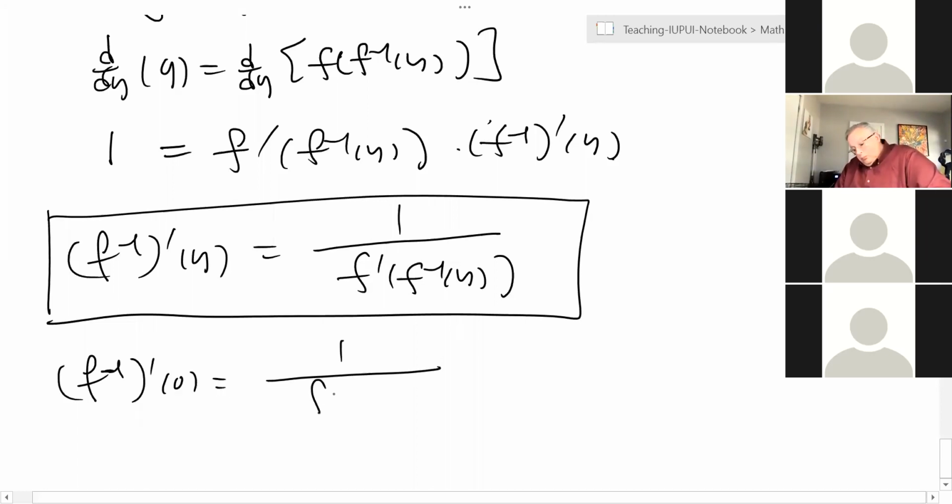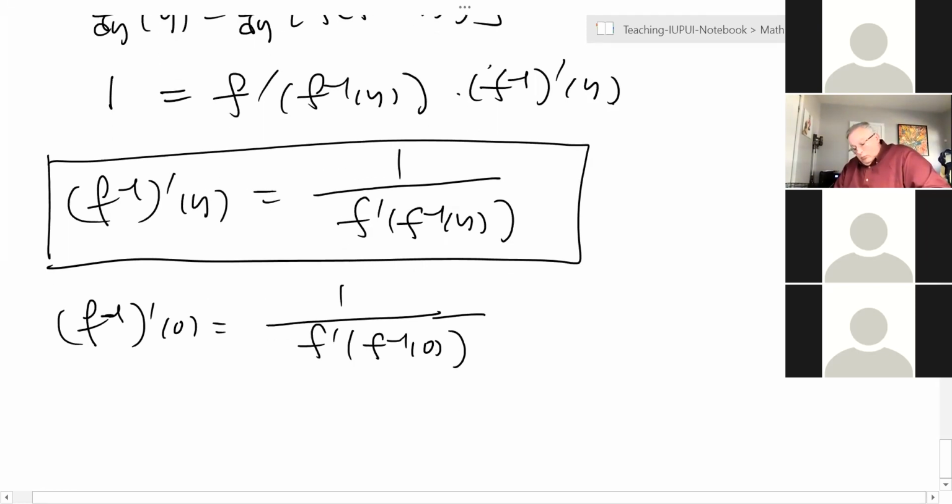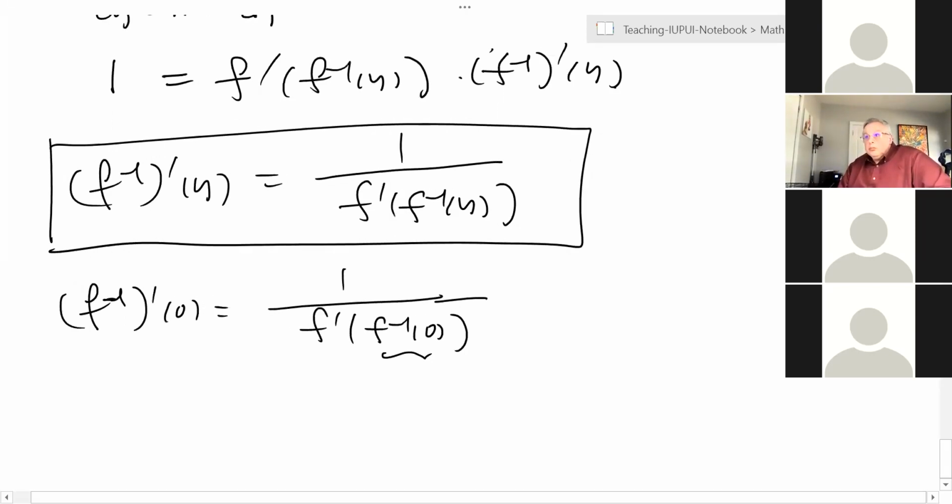Okay, so this will be f prime. Now the only problem is how do you find this? Well, this is easy to get. The reason is you have y, right?